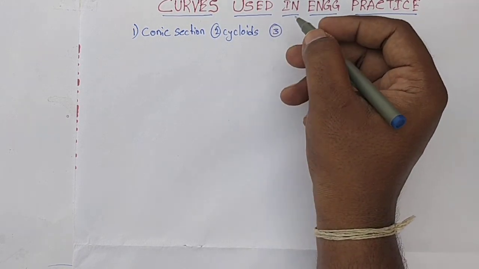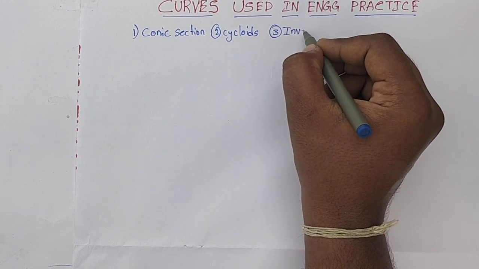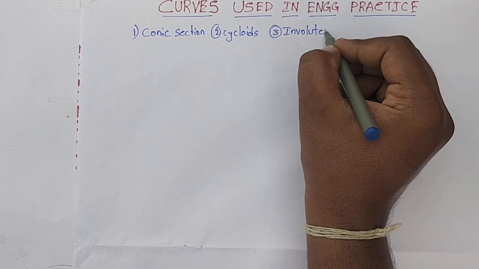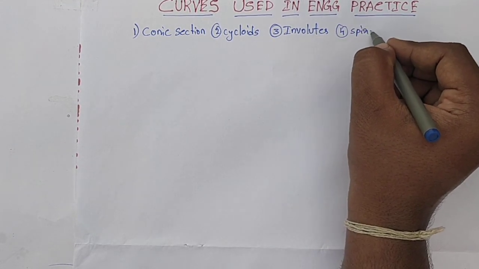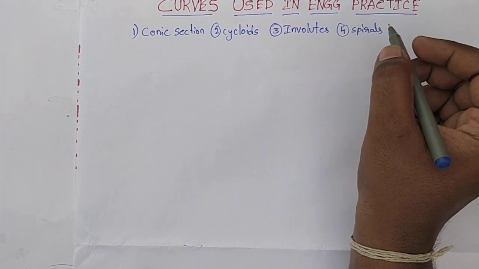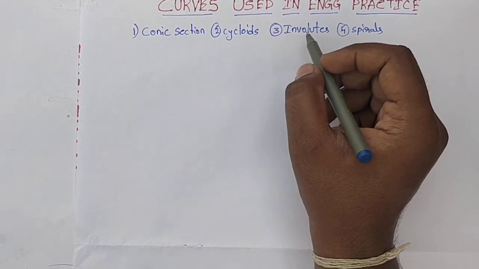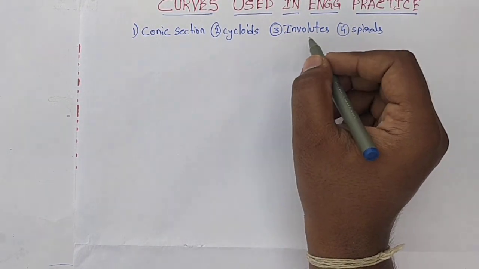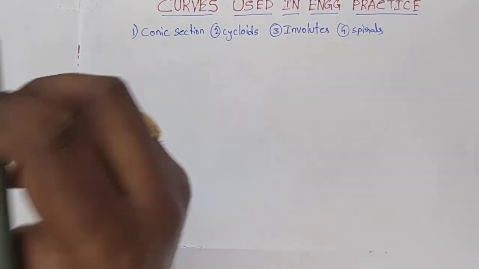Third one, involutes. And fourth one, spirals. These are the different curves used in engineering practice. From our syllabus point of view, conic sections, cycloids and involutes, these three I am going to explain one by one. First, coming to conic sections.